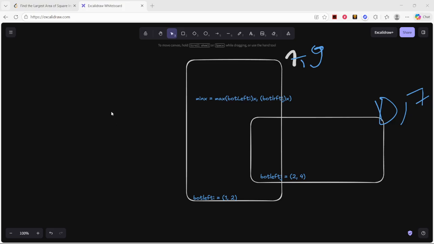For maximum y, we take the min of top right i y and top right j y, which is 10, 7 and then 2, 7.